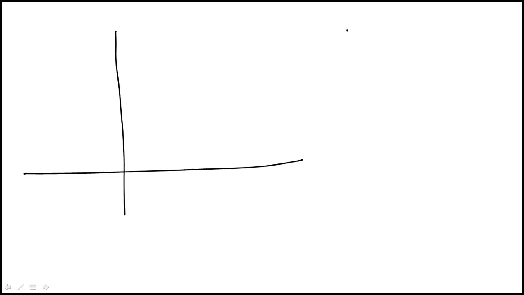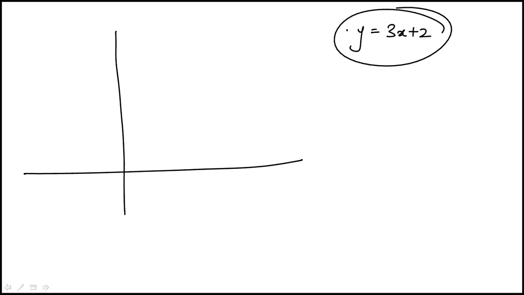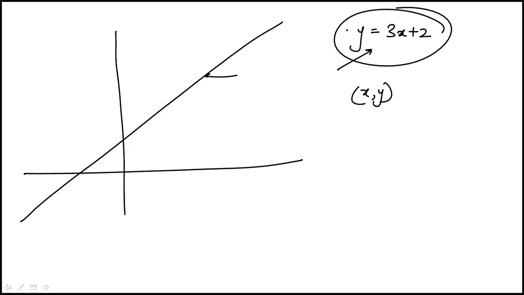Let's say you're given y equals 3x plus 2. When we draw this, maybe it looks something like that. What it's describing is that x and y are the set of all points that fall on that line. So if, for example, I said, if x is 3, what is y? You replace x with 3 here, and you will get 11, which means this point, 3, 11, is on the line. It falls on the line.